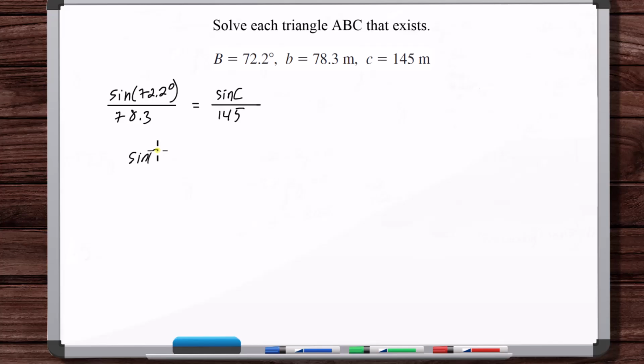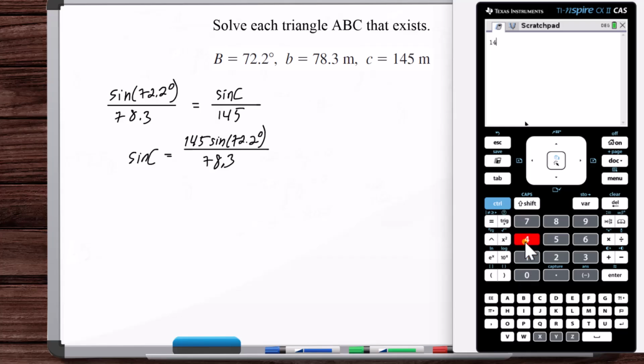So sine of C is equal to 145 sine of 72.2 degrees over 78.3. Okay, so let's see. 145 times sine of 72.2 divided by 78.3.